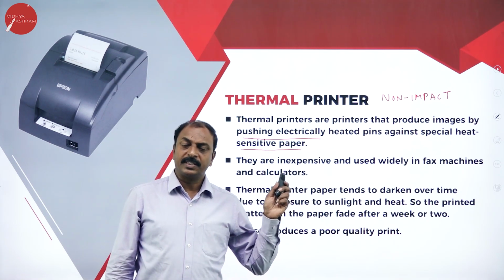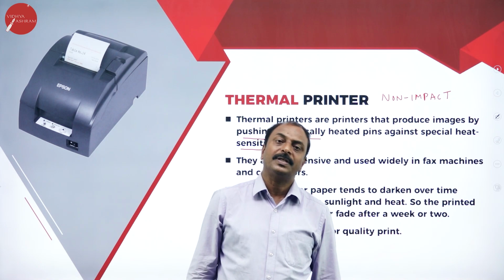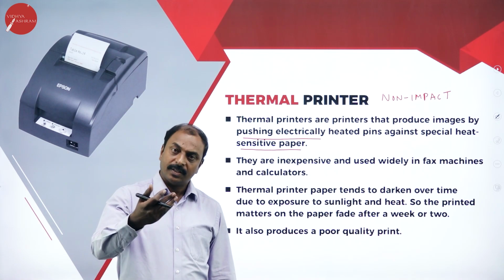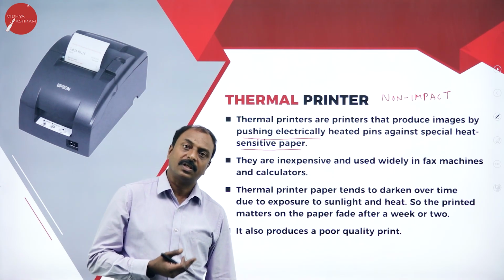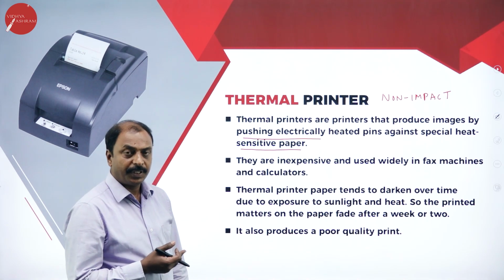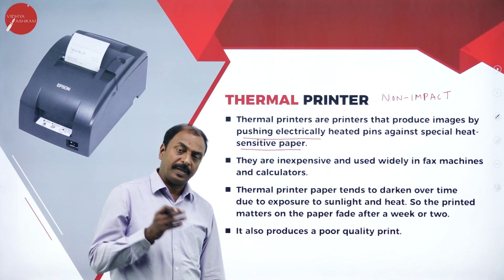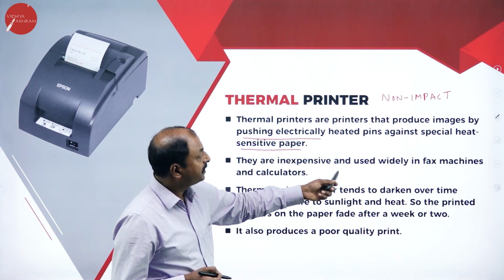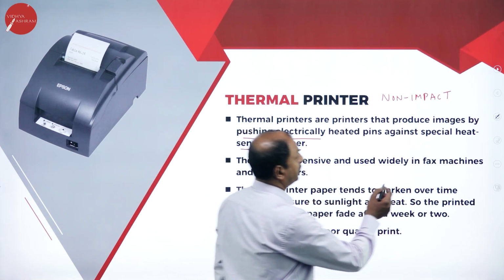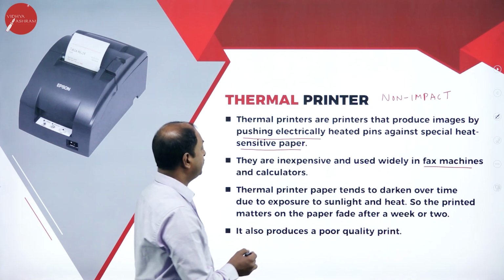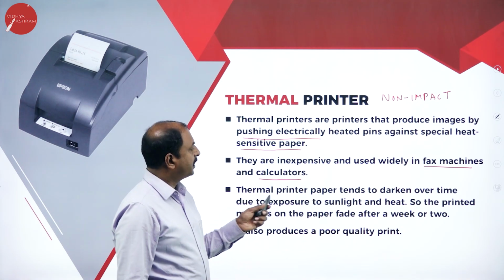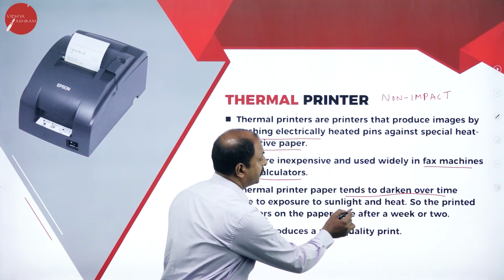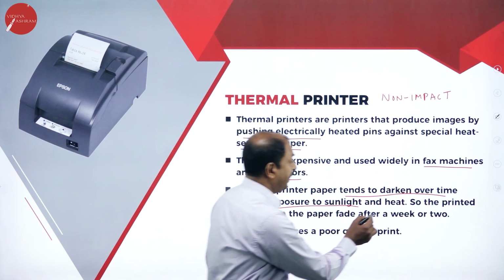A very good example for this, students, is that nowadays if you get a bus ticket, or if you use an ATM, the receipts you get are all examples of thermal printing. The information is printed on paper that is called thermal paper. This technology is inexpensive and used widely, even for fax machines and calculators. The thermal printer paper tends to darken over time due to exposure to sunlight and heat.